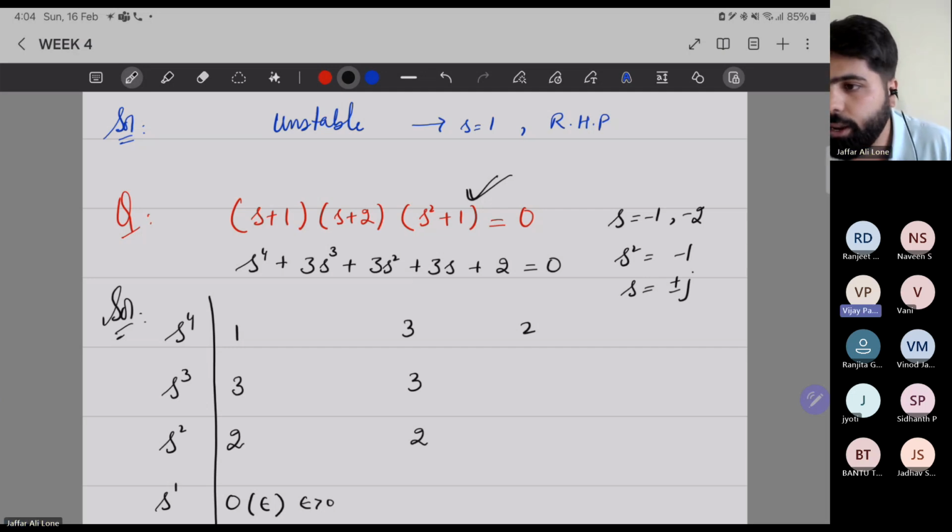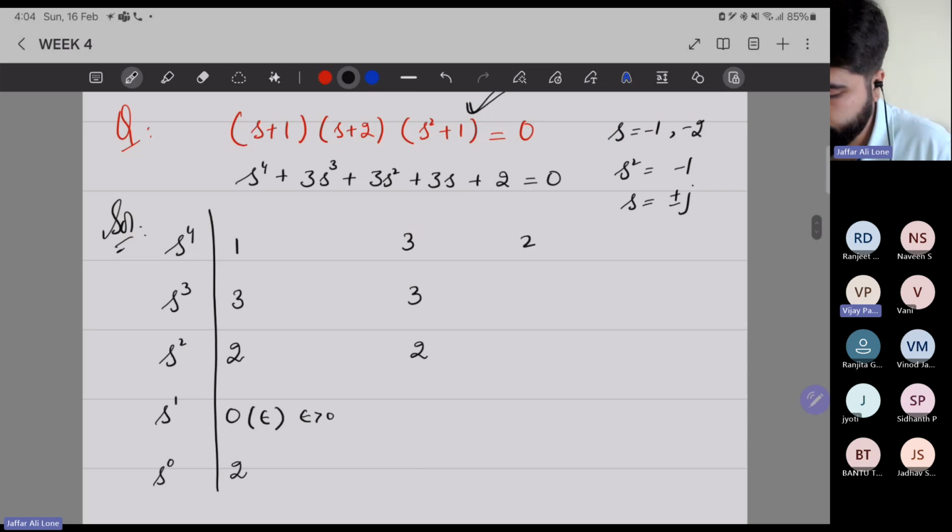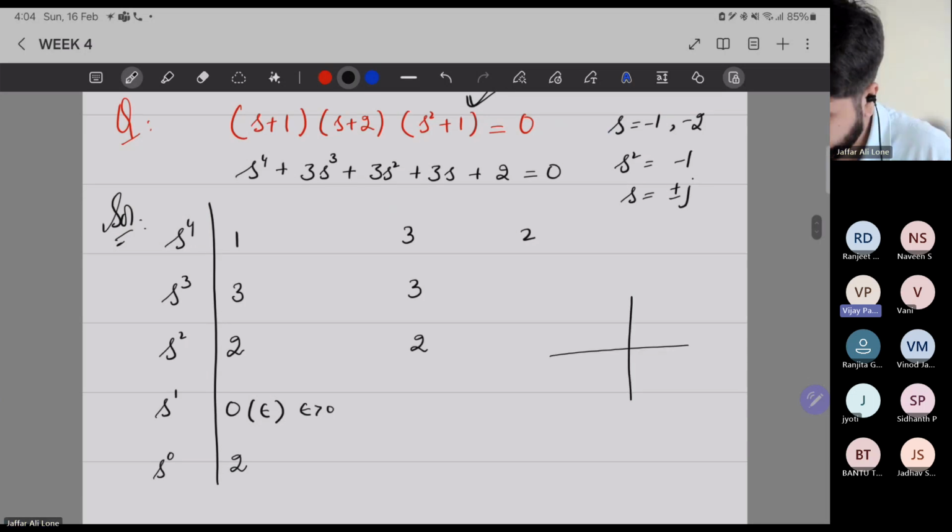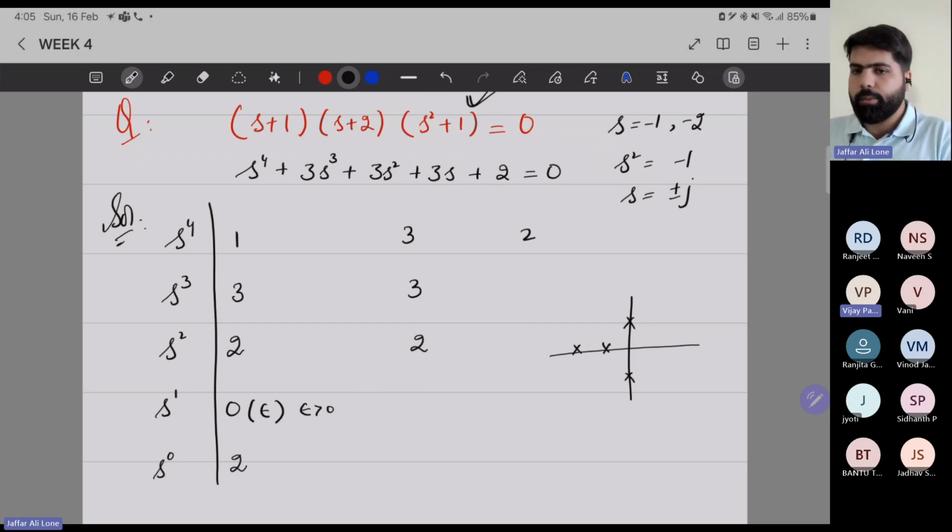So we have a pair of poles on the imaginary axis. So the poles will be something like this. We have at -1, at -2. Now tell me whether it is unstable or marginally stable.